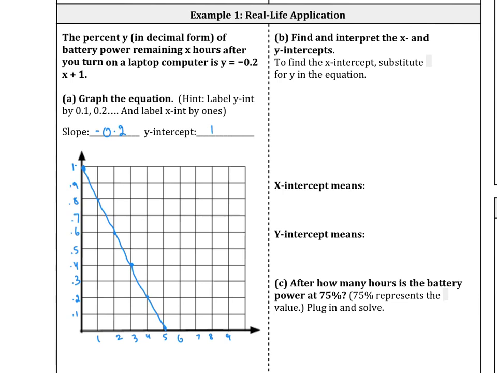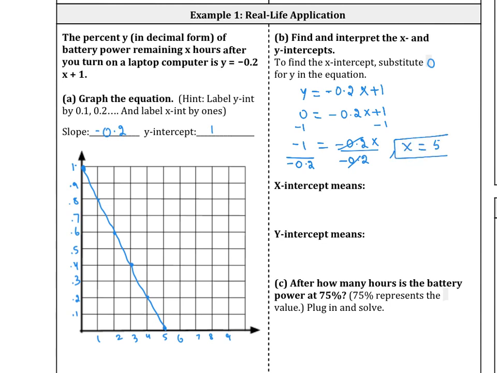Now find and interpret the x- and y-intercept. To find the x-intercept, you're going to substitute 0 for y in the equation. When you substitute 0 for y, you're going to get x as 5, and you already know that x is 5 from the graph.